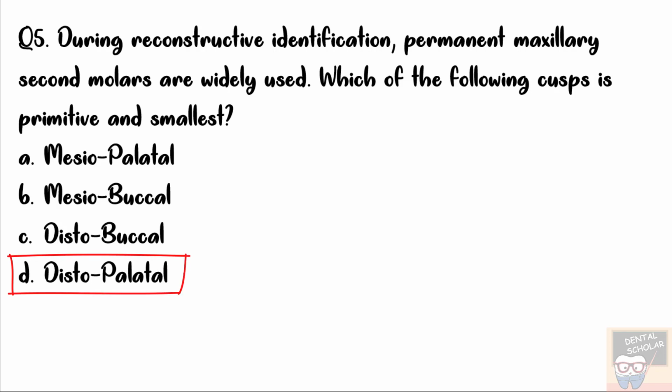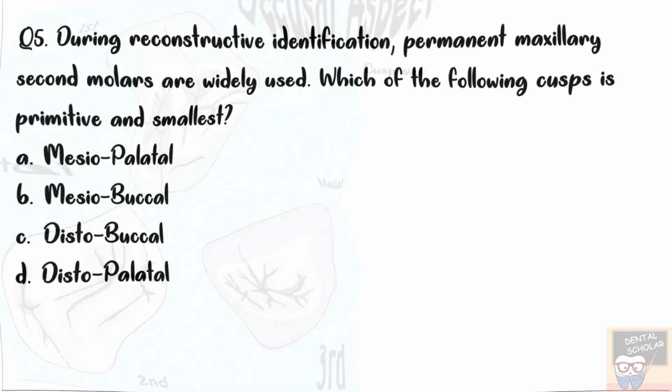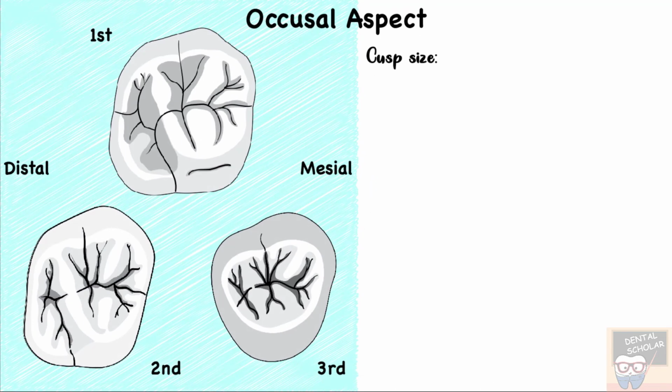Let's here also see the sequence of cusp size in different maxillary molars. In the first molar, the largest cusp is mesiopalatal, followed by mesiobuccal, then distopalatal, then distobuccal, and the smallest cusp is the cusp of Carabelli.